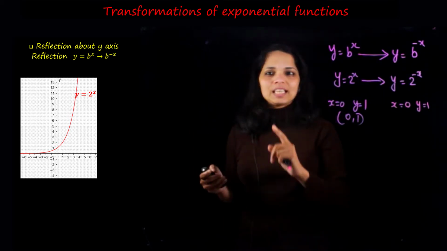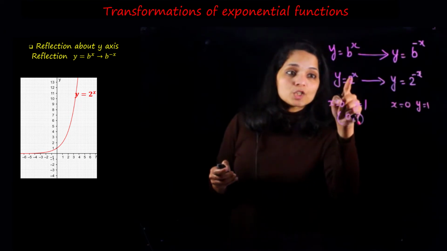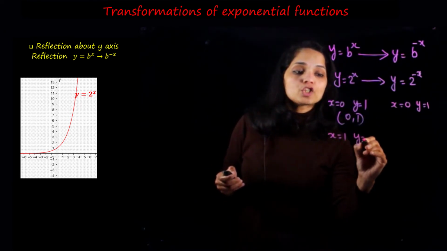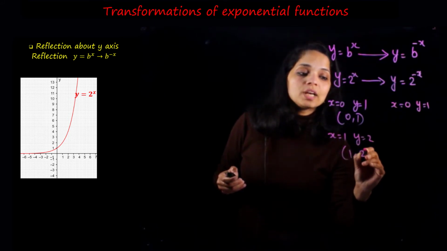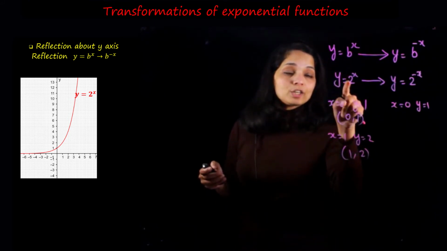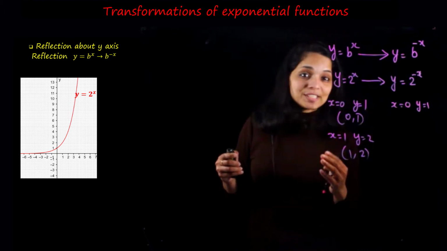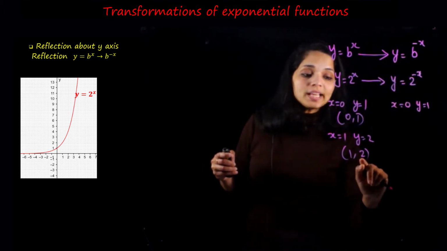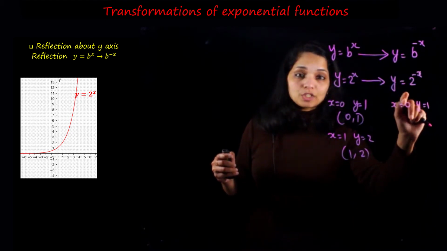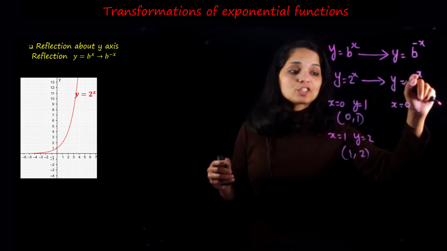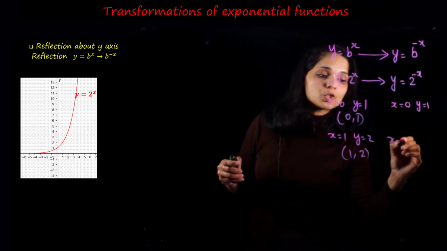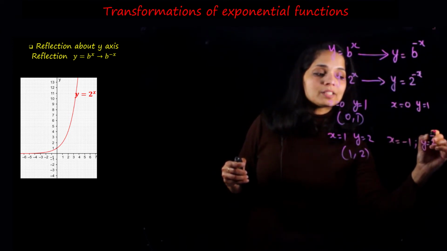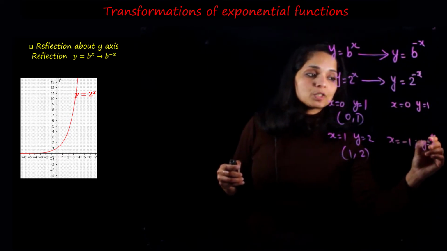Now let's see what happens when x equals 1. Here x equals 1 gives y equals 2, so (1, 2) is one of the points on y equals 2 to the power x. Now let's find the corresponding point for the other graph. To get y equals 2 for this function, we need x equals minus 1, which gives y equals 2 to the power minus of minus 1, which is 2 to the power 1, so it's 2.